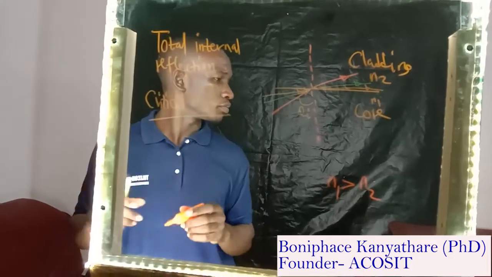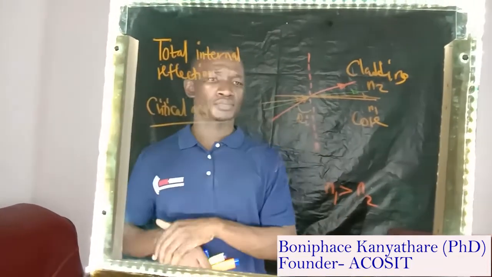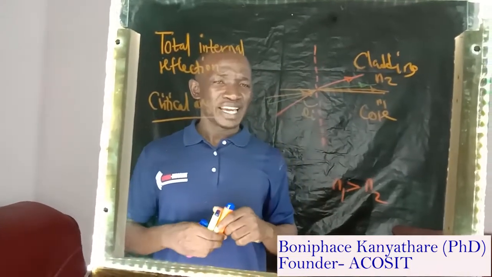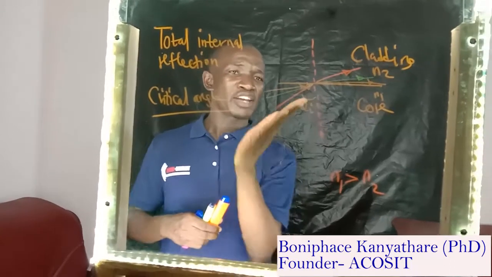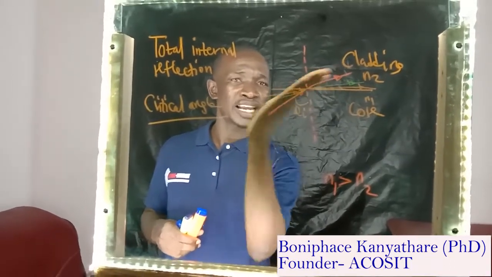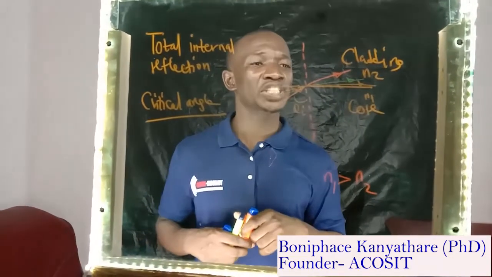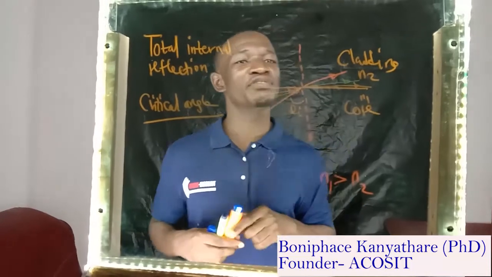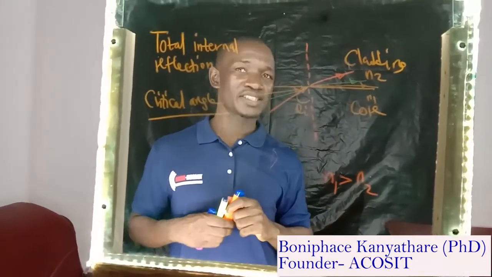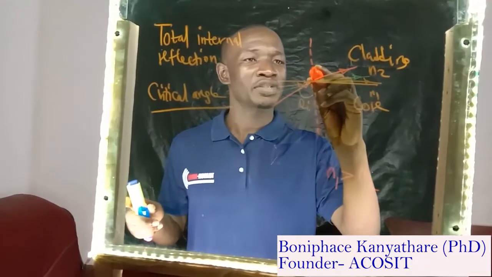Critical angle is that angle where if light is shined towards the interface of core and cladding, it gives an angle of refraction of 90 degrees. If we talk about an angle of refraction of 90 degrees, it means from the normal, that angle is going to be this way.